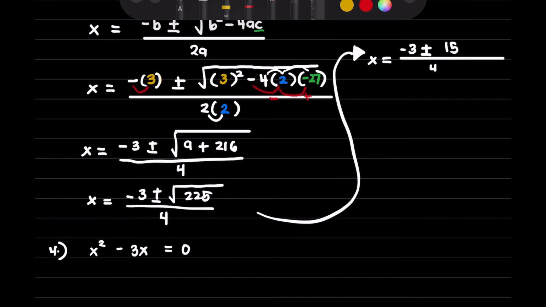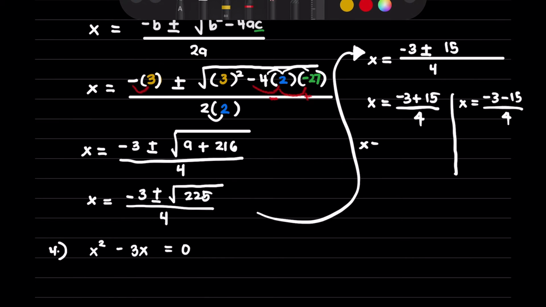over 4. Next is, isa-separate na natin yung dalawa. So we have negative 3 plus 15 all over 4. And the other one is x equals negative 3 minus 15 all over 4.